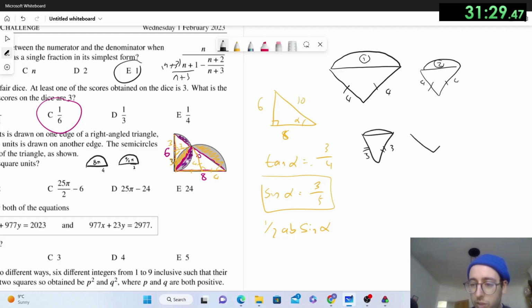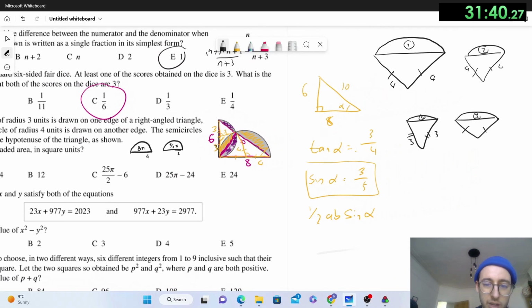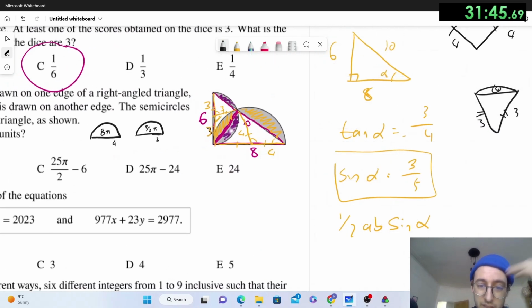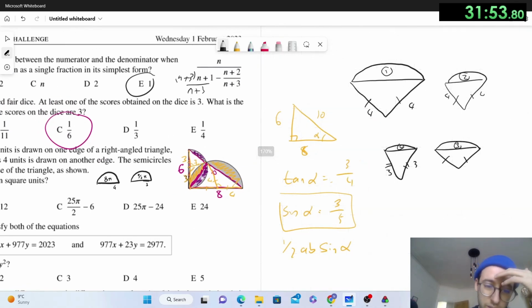I've got the 2 options for 3s, the acute one and the obtuse one, and I've got this. What am I trying to do? What's the shaded area? I'm missing some very silly information. And I also know that I haven't used the 10 at all, aside from this, but that's much too complicated. I just know that A plus B equals 10.